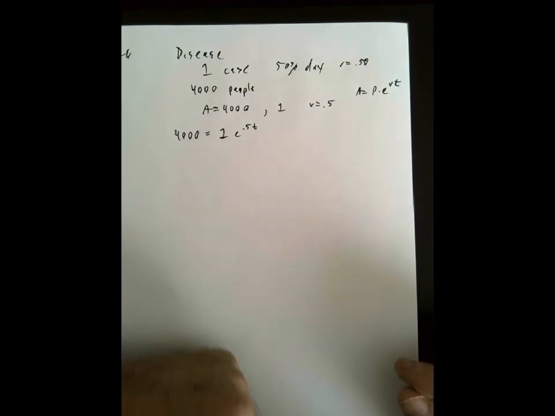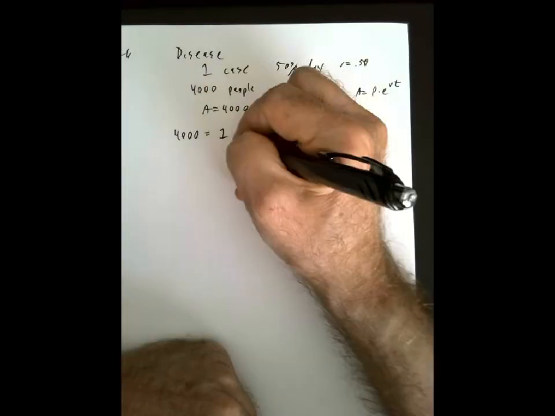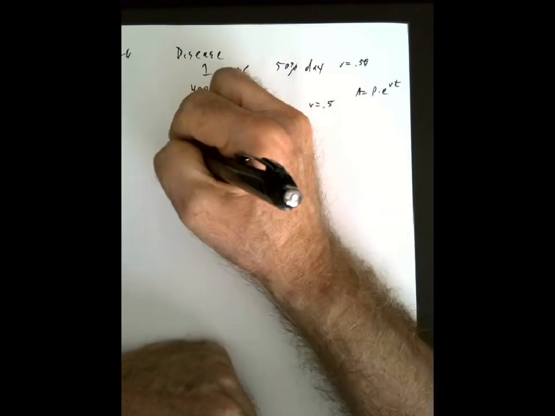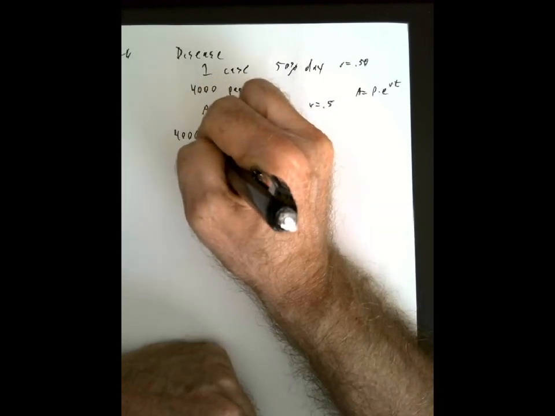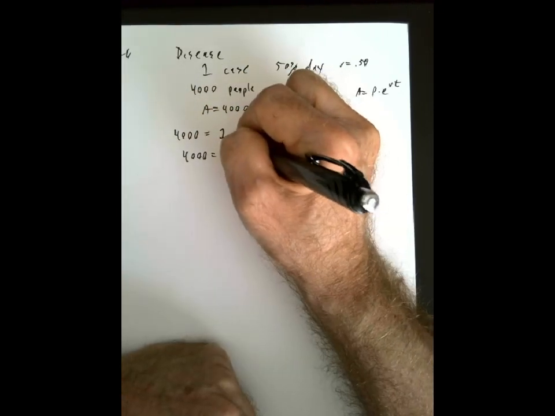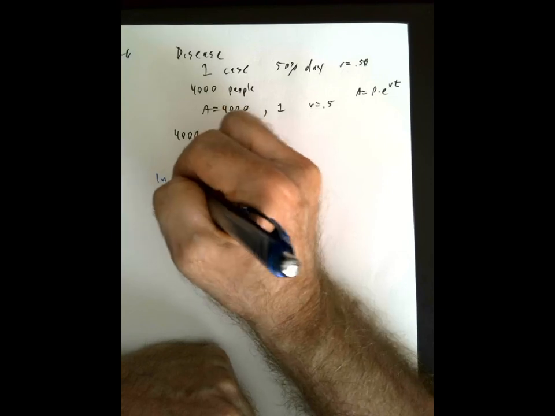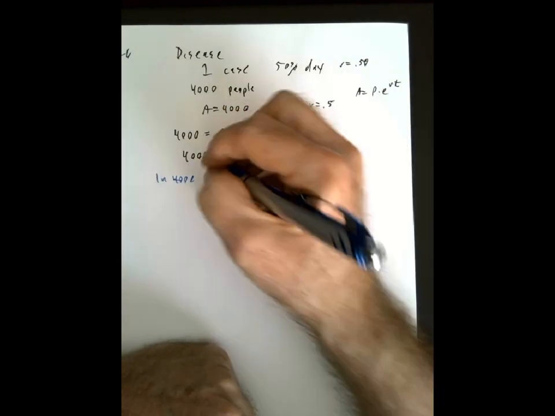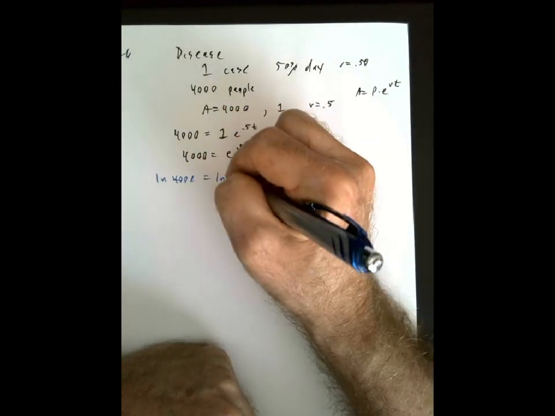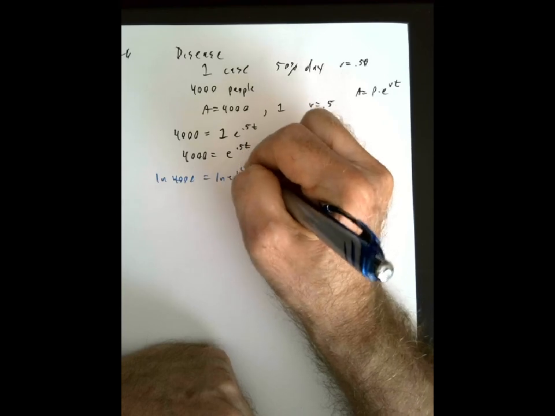So far, so good? So now we divide both sides by 1, which is still going to give us 4,000 is equal to e to the 0.5t. Now we ln both sides, like we did before, ln 4,000 is equal to ln e to the 0.5t.